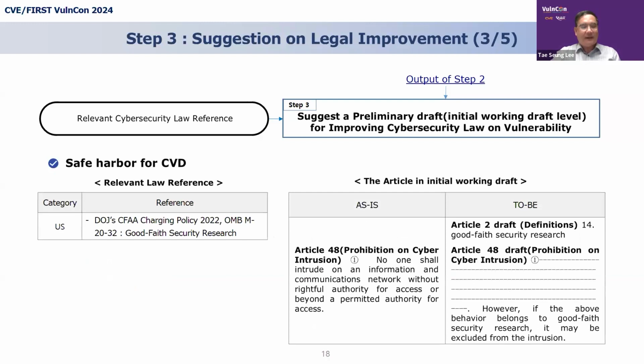In ICN Act, I find that a safer harbor can be applied to the paragraph 1 of Article 48. As a result, I suggest adding a new paragraph for a good-faith security research that can be considered excluded from cybersecurity intrusion.